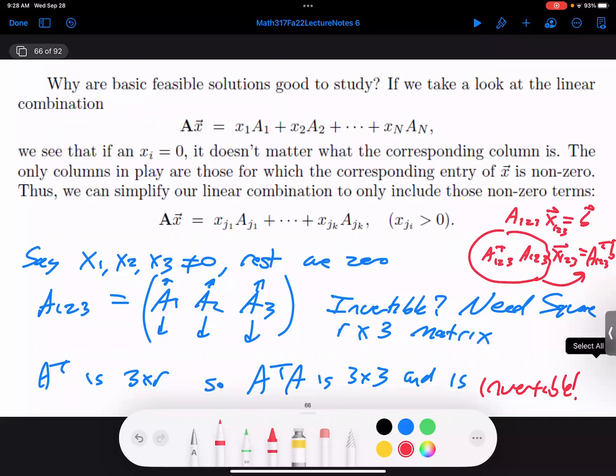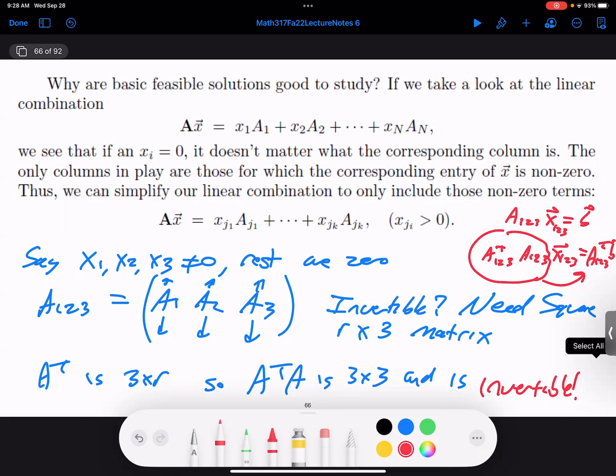What cases would it not? The question is, what would happen if B is not in the column space? I would have to have an incredibly degenerate problem. Imagine every column of A is the same, and I choose B not to be there. There would just be no solution. So it looks like this always works.